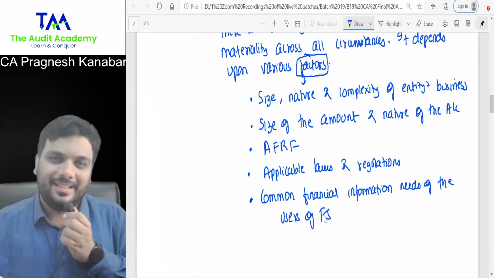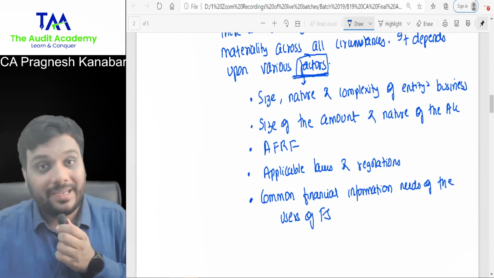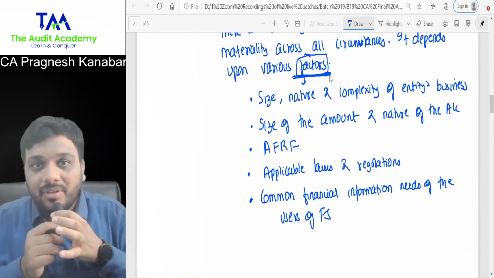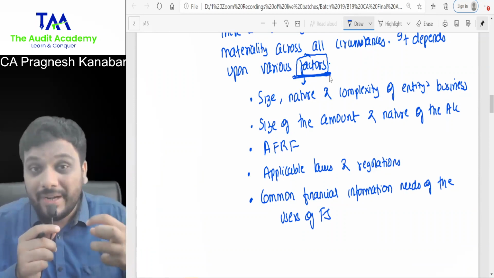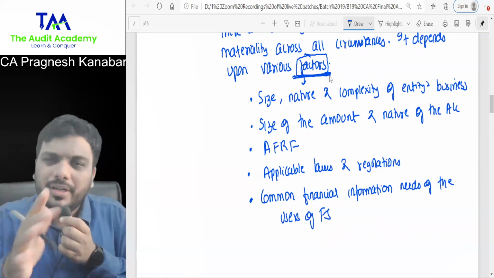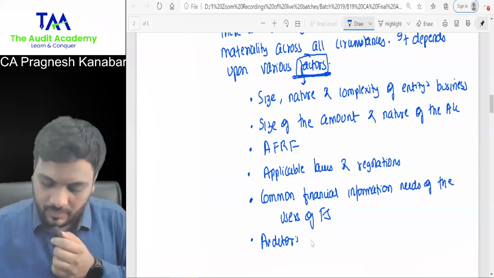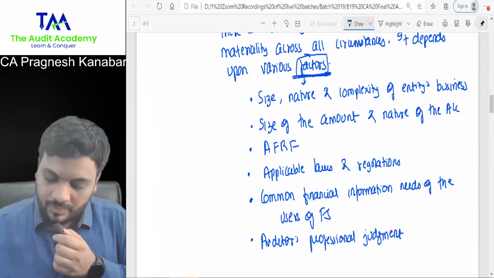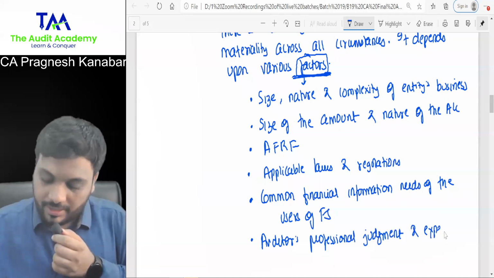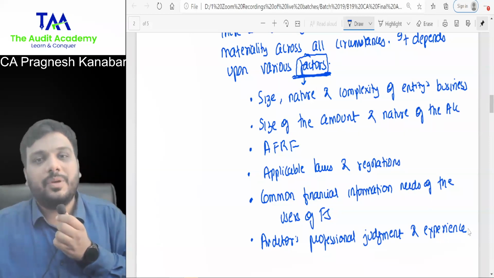And then at the end of the day, whenever they ask you factors, that means the thing is dependent upon your judgment. All right. The thing is dependent upon your experience. So one point is always there: auditor's professional judgment and experience.